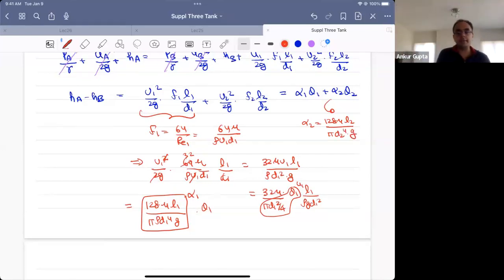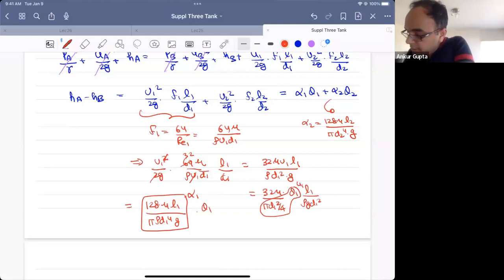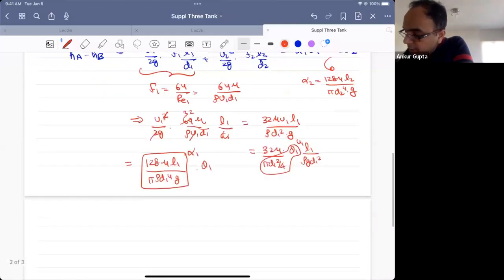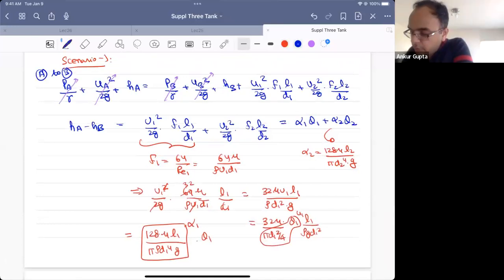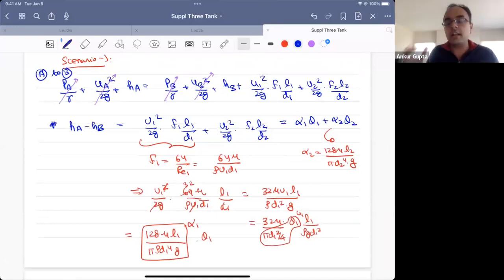Just the same, but for pipe 2. So essentially, I reduced this to a linear sum of Q1 and Q2, with the factors alpha 1 and alpha 2, where alpha 1 and alpha 2 quantify the losses in that particular pipe.